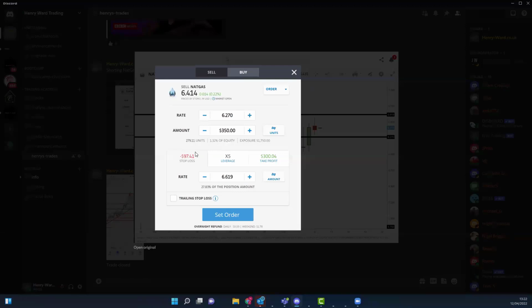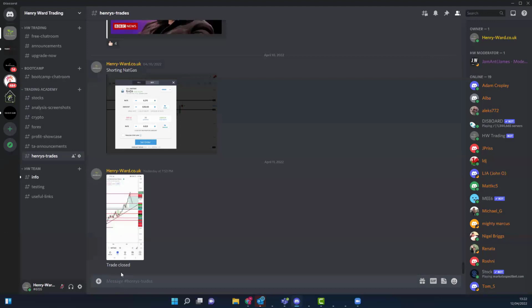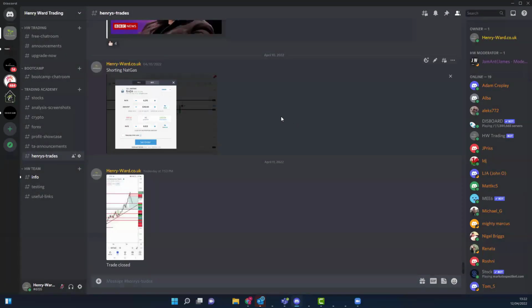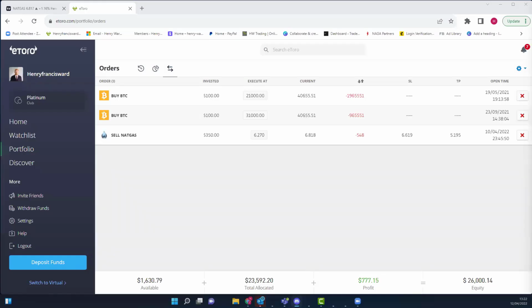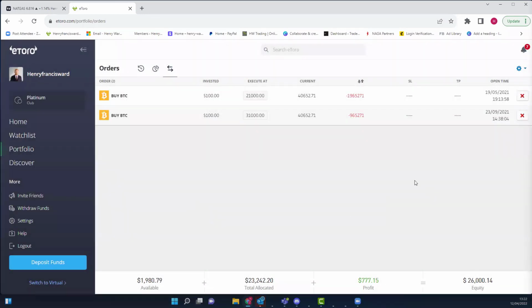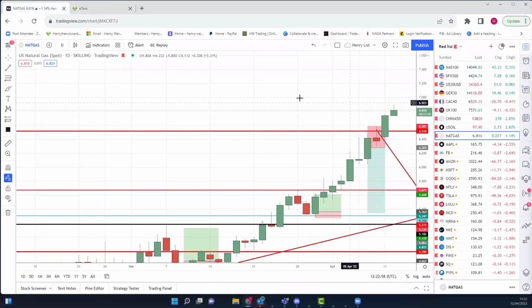There's the entry, stop loss, amount of money, rate, X5, take profit. Then here, literally a day later, the trade is closed. Look what happens. It broke the high here. The trade is closed. So it's little things like that. But there, cancel the order. The order is cancelled. That trade cost us nothing.